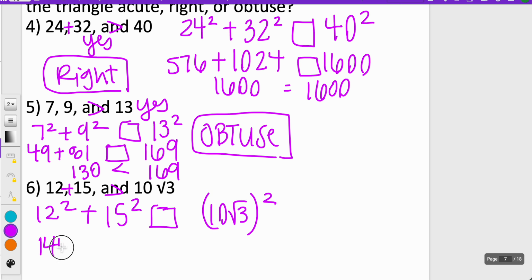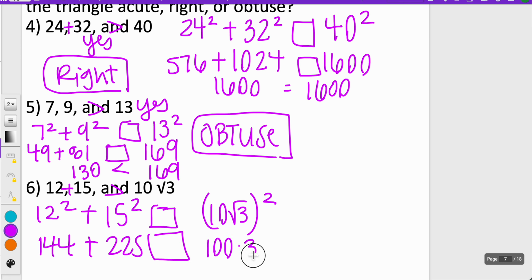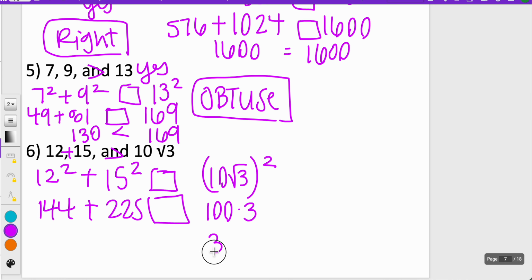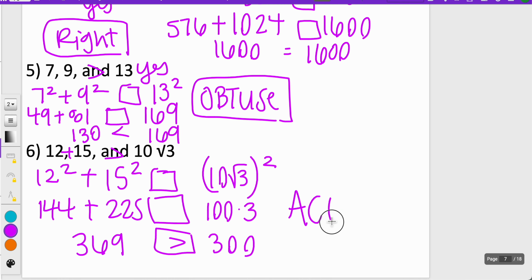So that's 144 plus 225 compared to 100 times 3, or 300. And 144 plus 225 is 369. And since a and b are both bigger, we're going to call number 6 acute.